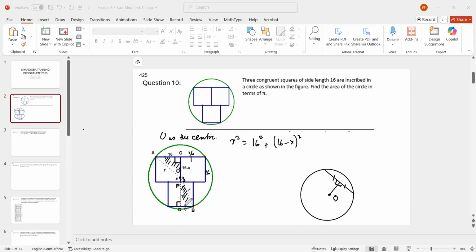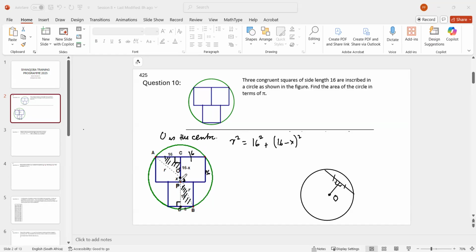Now, this point here, where did this point come from? I've actually taken this and lengthened it to hit this bottom line. And I can see it has to be perpendicular because this is a square and these two lines are parallel.